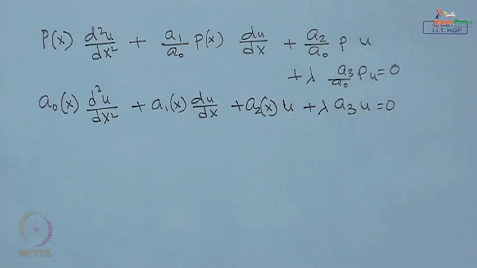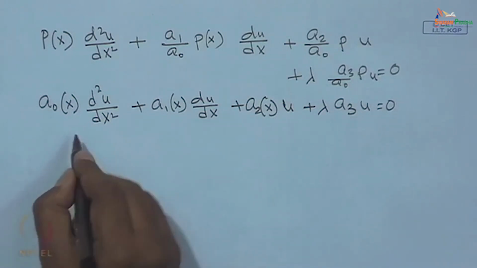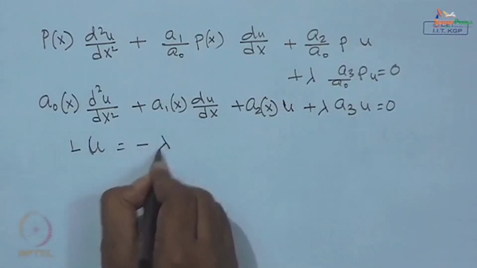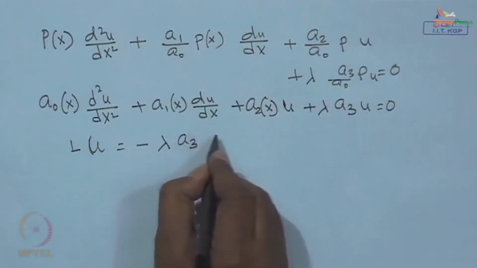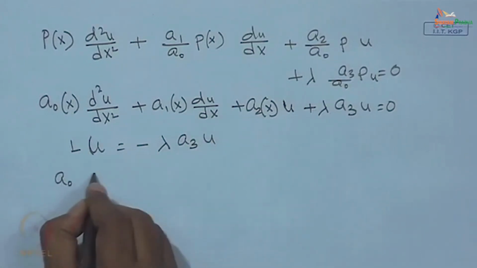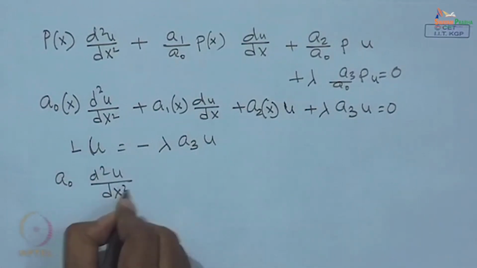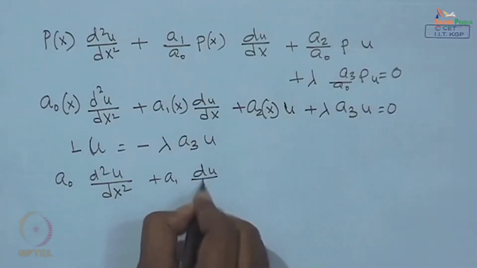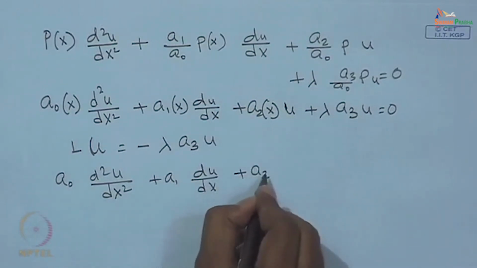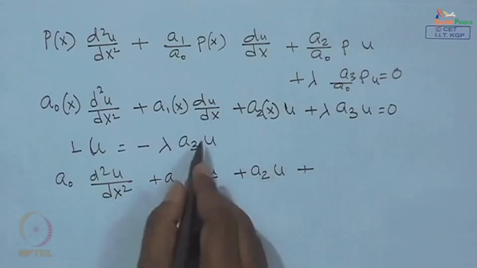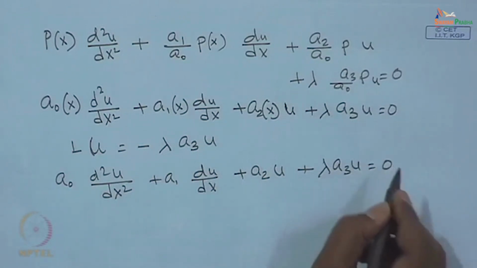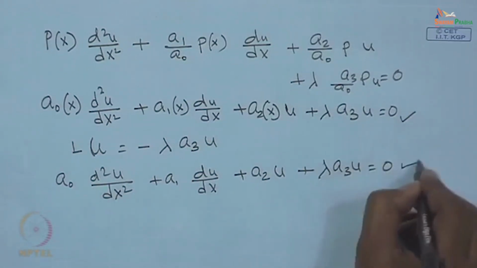So, if we now compare this equation with the earlier one that we had, L u is equal to minus lambda a3 u, this becomes a0 d square u/dx square, we write the operator L, so this becomes a1 du/dx plus a2 u, plus we take lambda a3 on the other side. So, lambda a3 u is equal to 0. So, these two equations are identical.